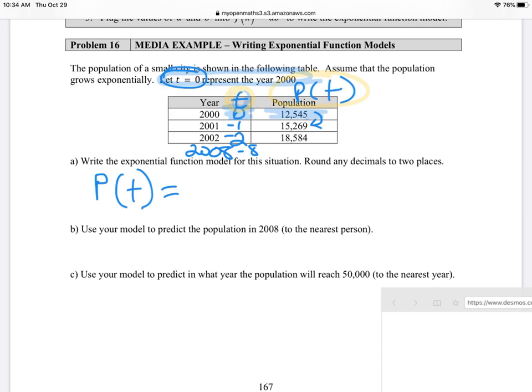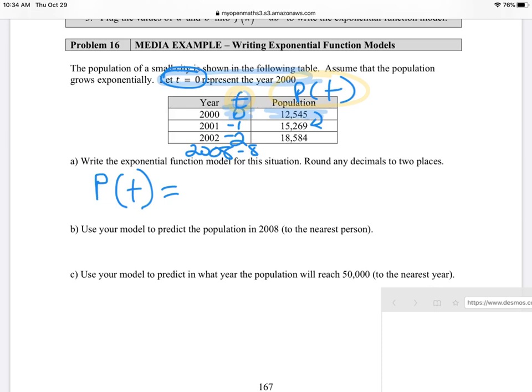So it's going to look like this: 50,000 equals 12,545 times 1.22 to the t power. And I'm going to solve that for t.